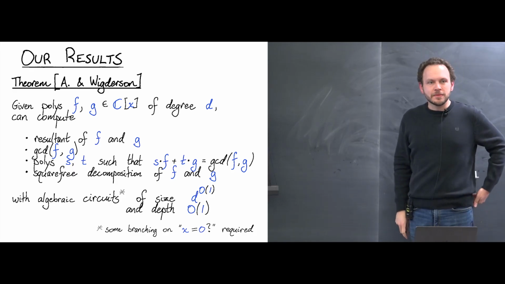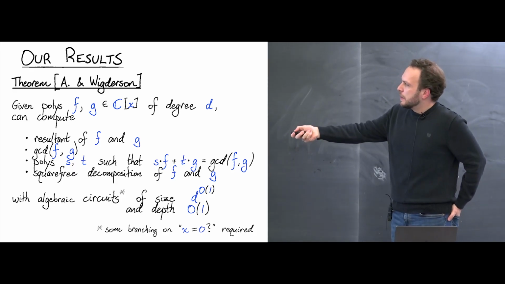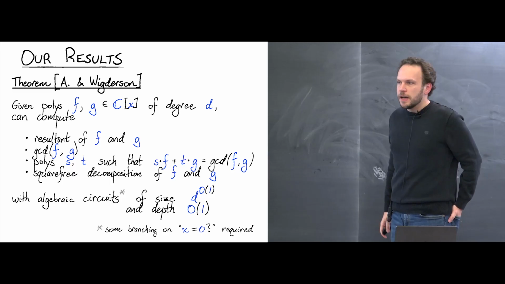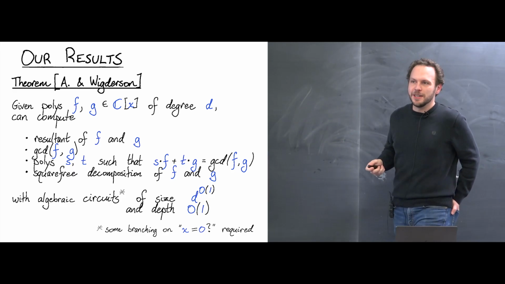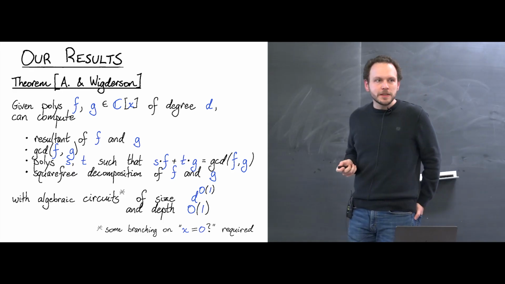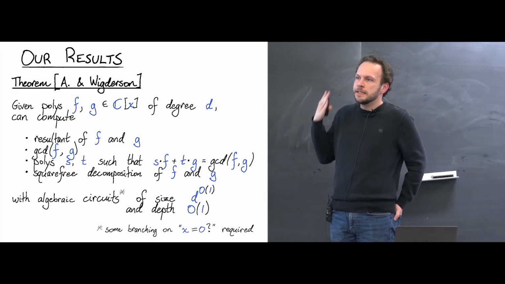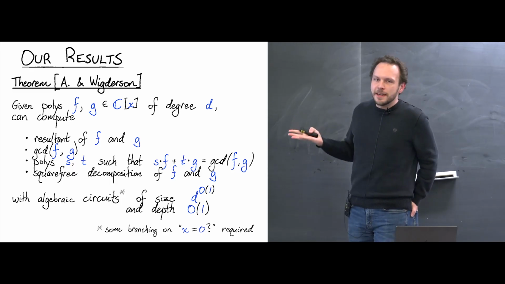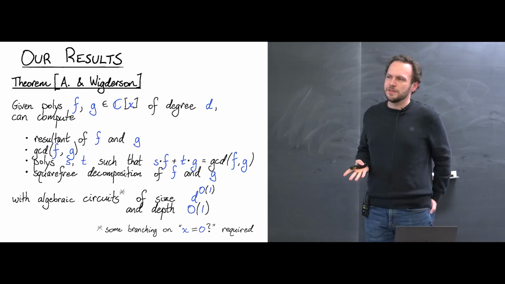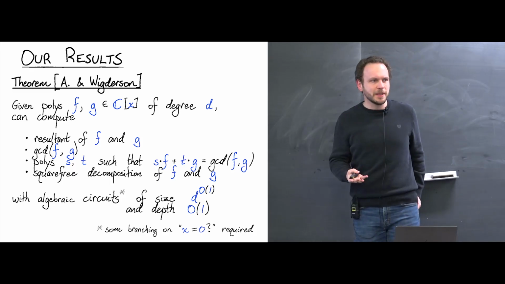Now, there's a bit of an asterisk here when I say these are algebraic circuits, because everything except the resultant cannot be computed by algebraic circuits. And the reason for this is, for example, the GCD is actually a discontinuous function of the input. Algebraic circuits, as I define them, only compute continuous functions. They're using addition and multiplication.